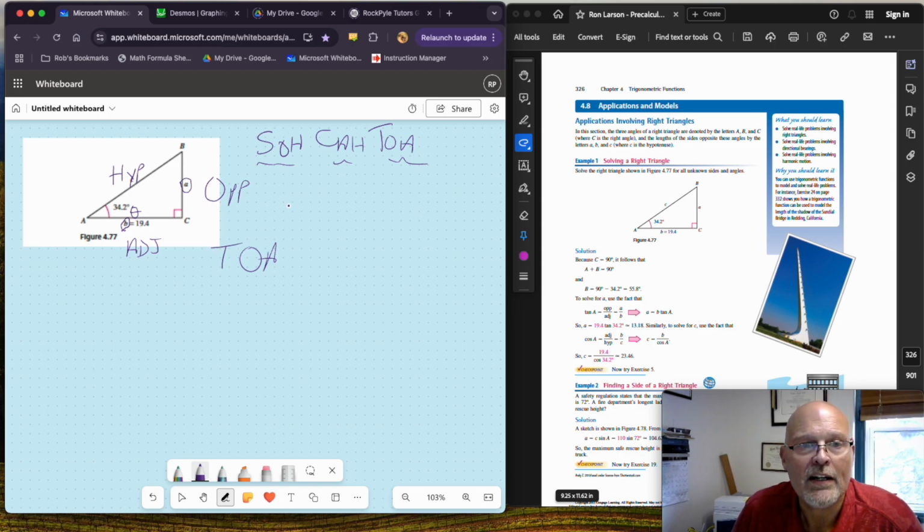So tan of 34.2 equals opposite, what I'm looking for, A, over adjacent, 19.4. Now A equals 19.4 times the tan of 34.2.